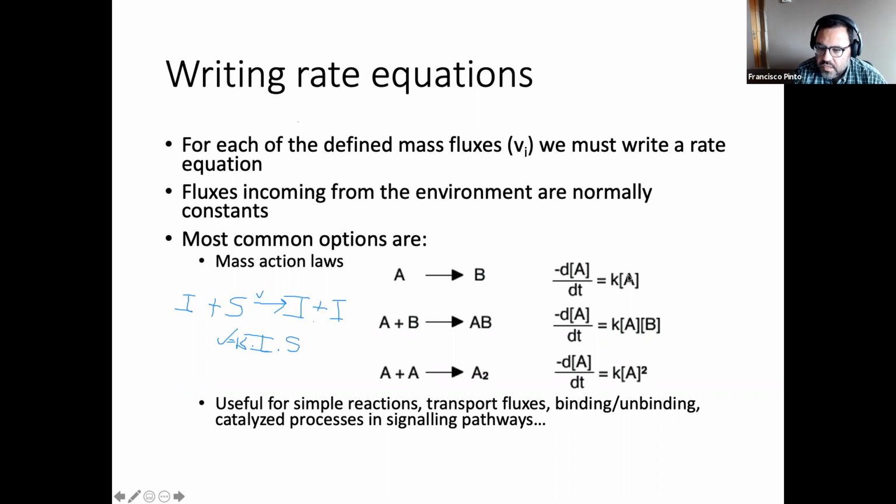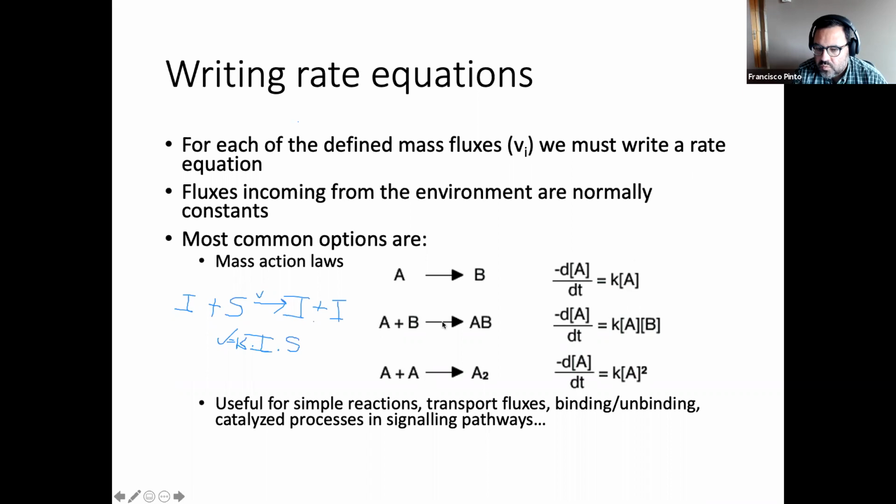Each rate is the product of a rate constant multiplied by the amount or concentration of the reactants of that process, the ones that are at the origin of the arrow.